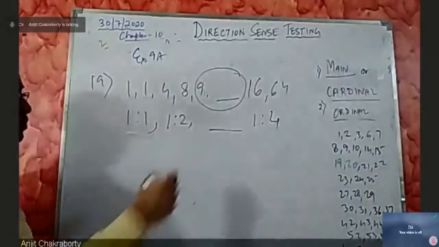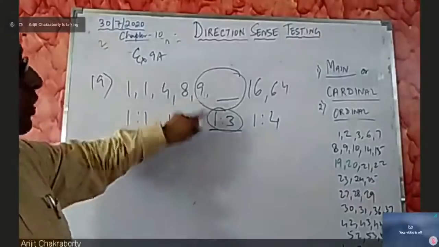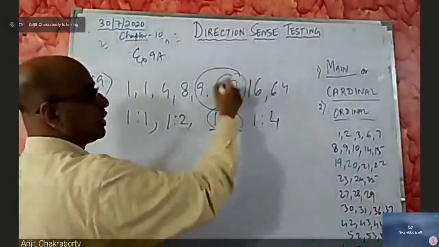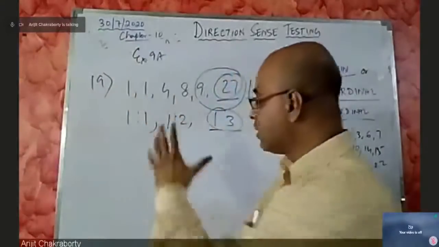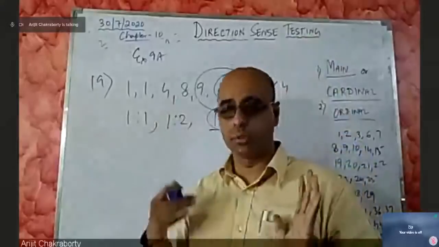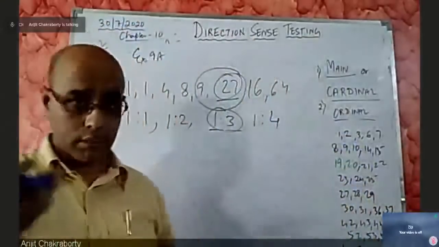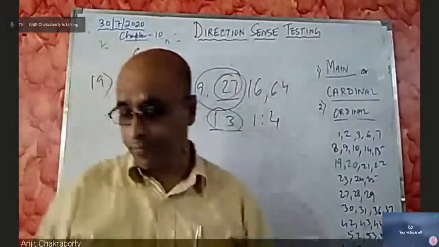Then the trend is complete. So if I put 1:3 here, that means 9 is the first number. So 9 into 3, the number here should be 27. As per my understanding, the process which I followed, it comes to 27. Please check the study material answer and I'll see whether it matches.